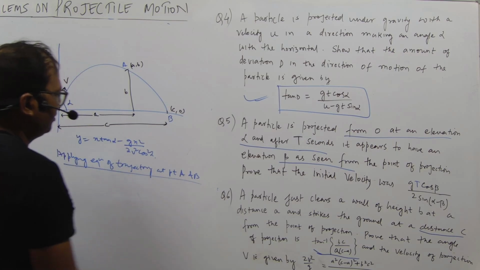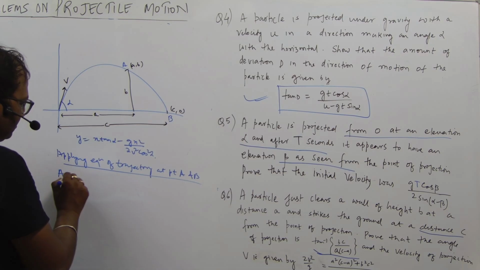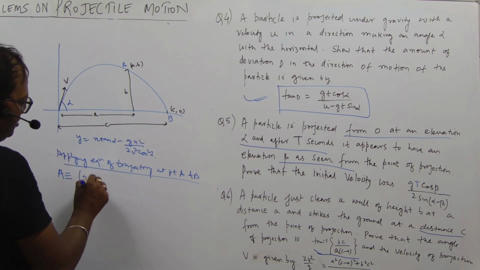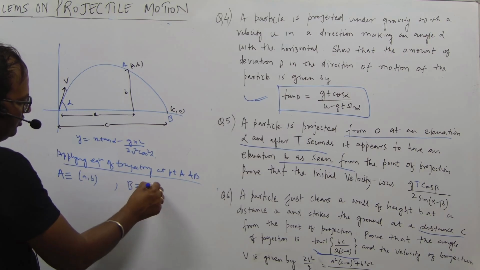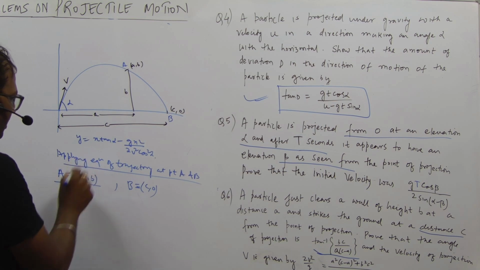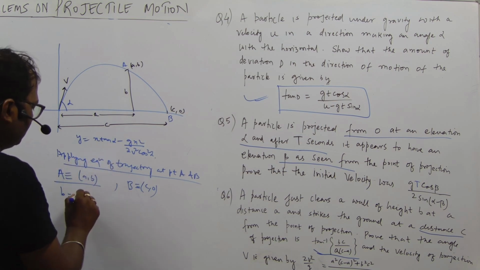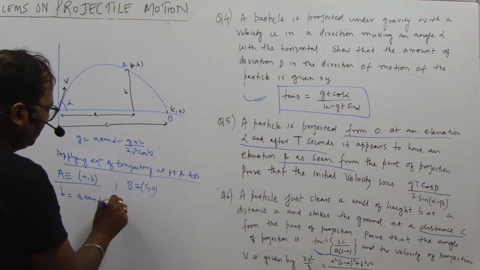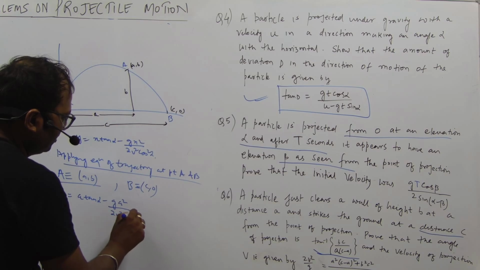Okay, let us apply this. At point A we have the coordinate a comma b, and at point B we have the coordinate c comma 0. If we apply the equation of trajectory at point A, we have b is equal to a tan alpha minus g a square upon 2v square cos square alpha.